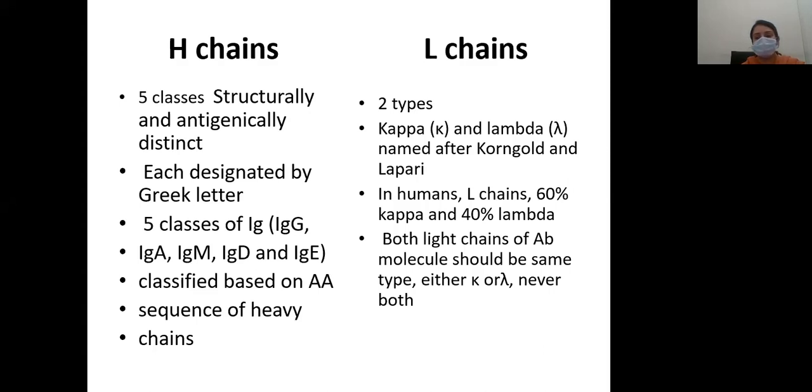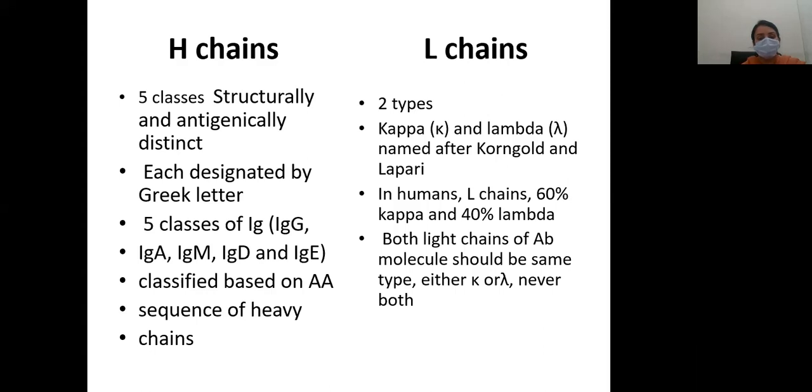In humans, L chains are 60% kappa and 40% lambda. In H chains, there are 5 classes of immunoglobulins: G, A, M, D and E. Both light chains of an antibody molecule must be the same type, either kappa or lambda, and never both.